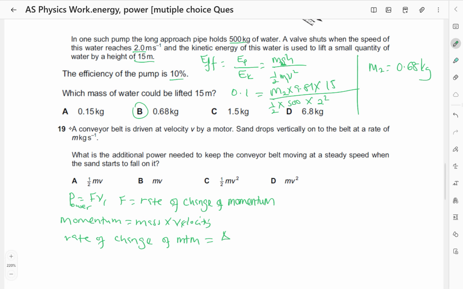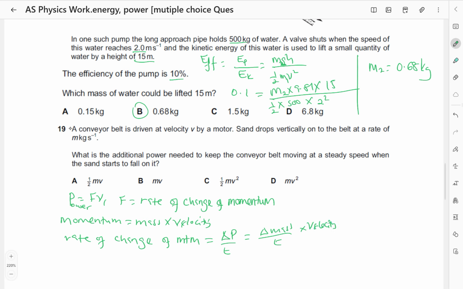So the rate of change of momentum is going to be delta P over t, which is the same as, because what is changing, I think, is the mass. The mass is the one changing. Sand drops vertically onto the belt at a rate of m kilograms per second. So I'll say the change in mass over time times the velocity.